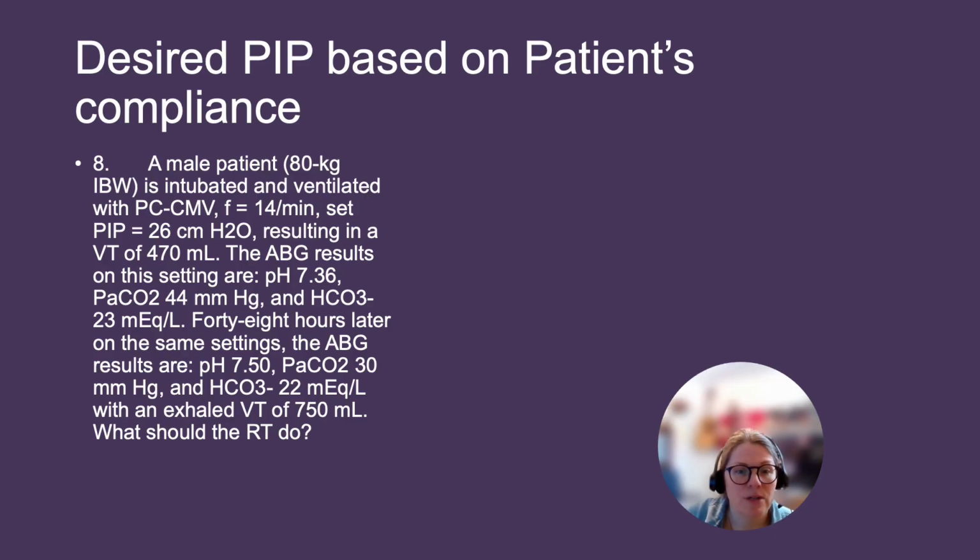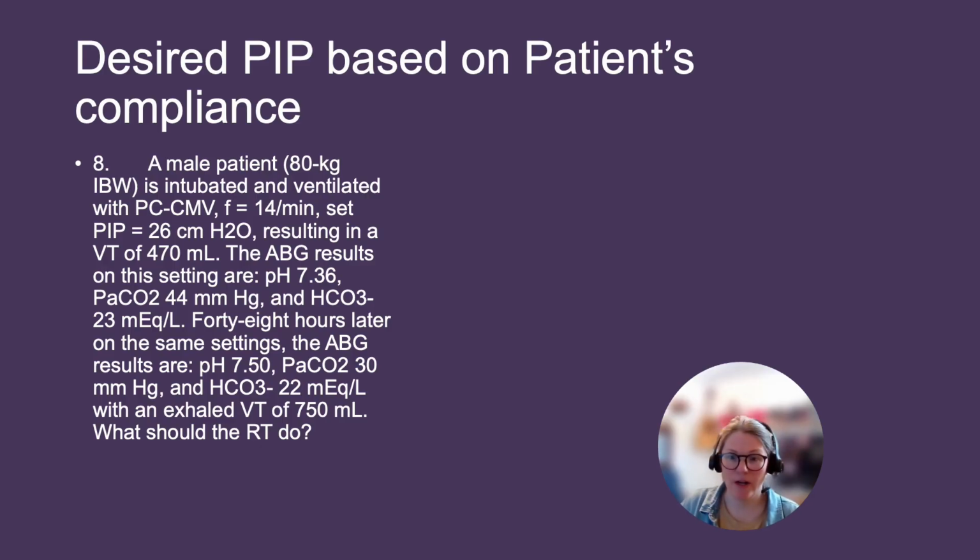Now, 48 hours later, on the same settings, we have an ABG result of a high pH of 7.5, CO2 that's low, at 30, and a bicarb of 22, which is low normal. Tidal volume that we're getting from those previous settings, 750. So what do we do?